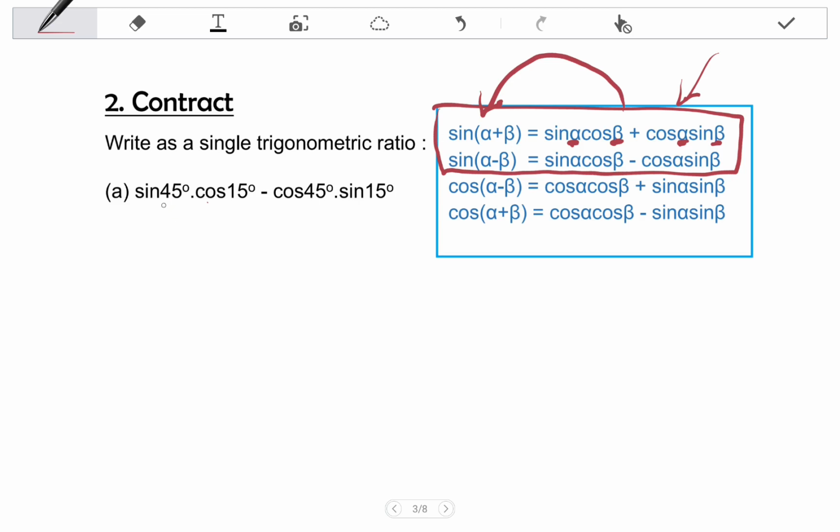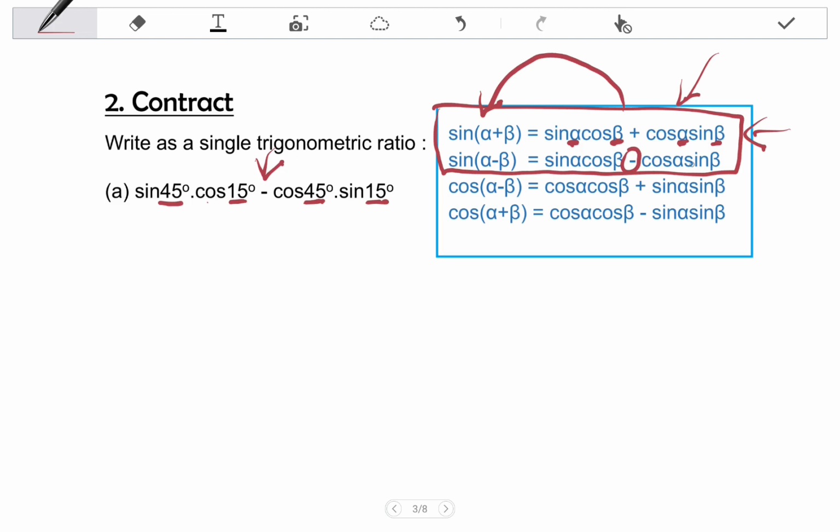And if we look here, I've got 45 degrees, 45 degrees. So the first angles are the same, and my second angle is 15, 15. So that's fine. So which one of these two sine compound angle formulae will I use? I will use the one with a minus sign. So I will use the second one.